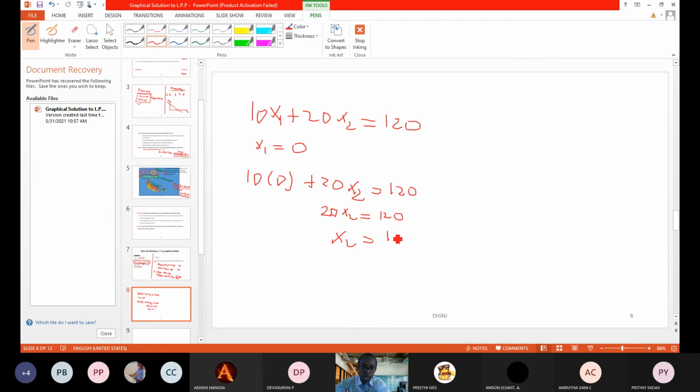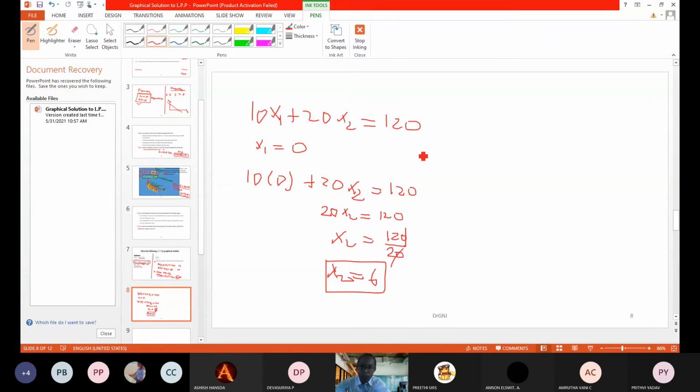Now x2 is equal to 120 divided by 20, which is x2 equal to 6, correct? So now we find point 1.